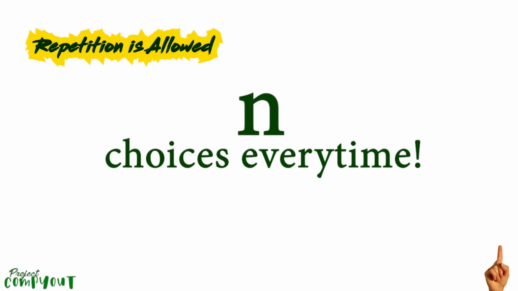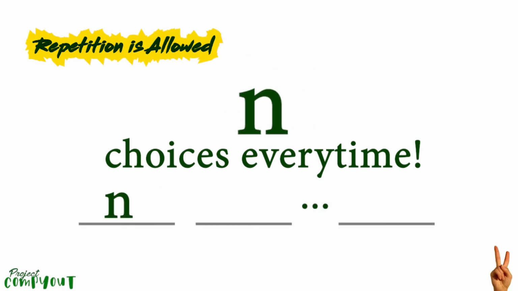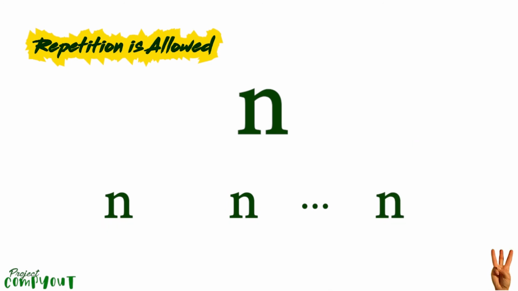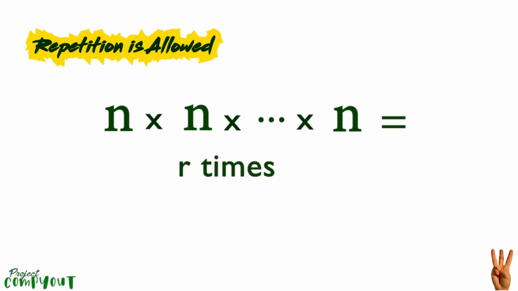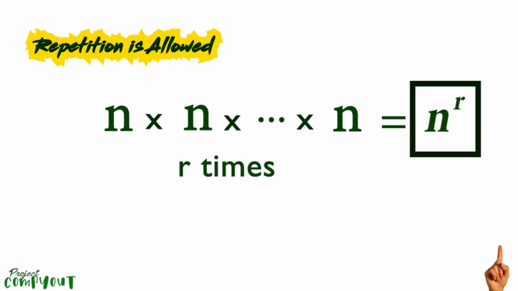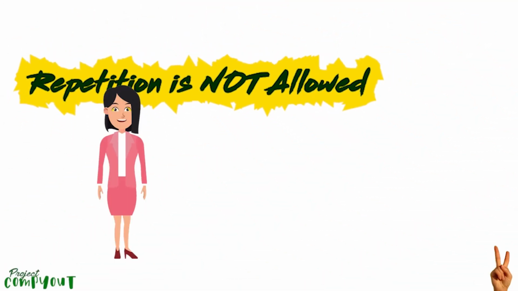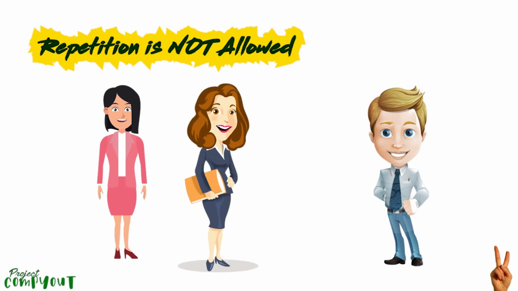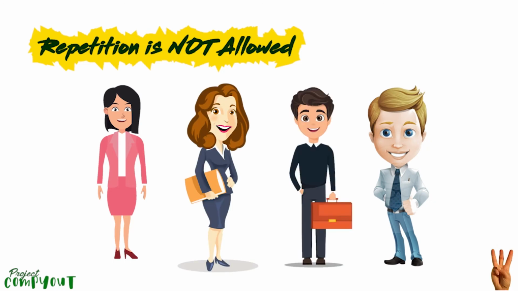So, by the fundamental counting principle, we have n times n times n and so on, giving us the permutation is equal to n raised to the r power, where r is the number of times we are choosing n every time.